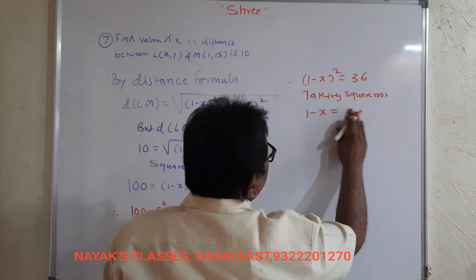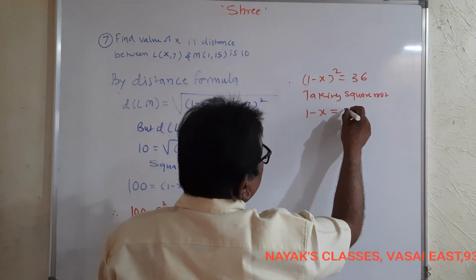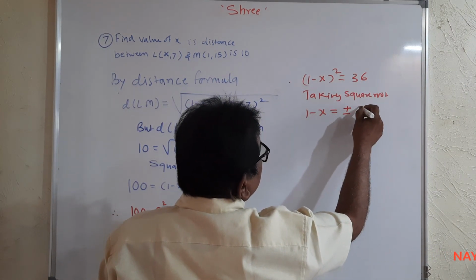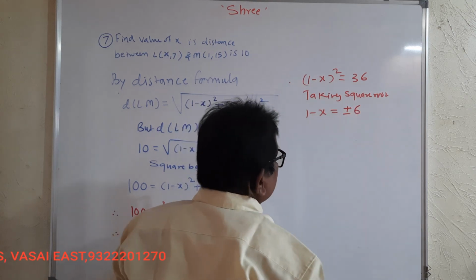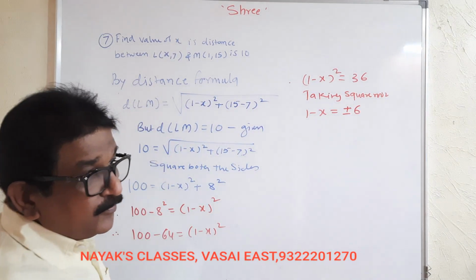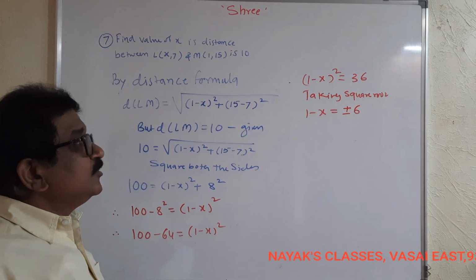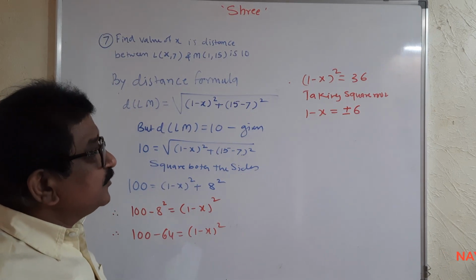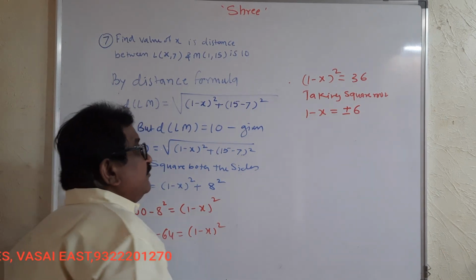Whenever we take the square root of a number, it should be plus minus 6. Whenever we take the square root of any number, the plus minus sign will be there.